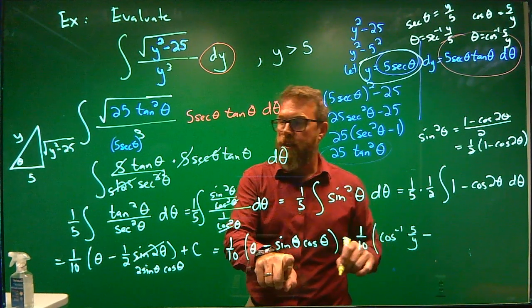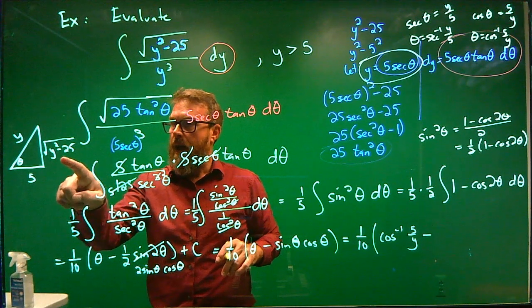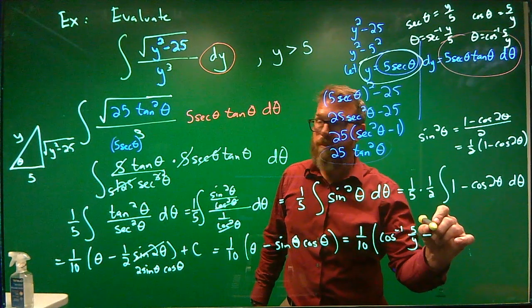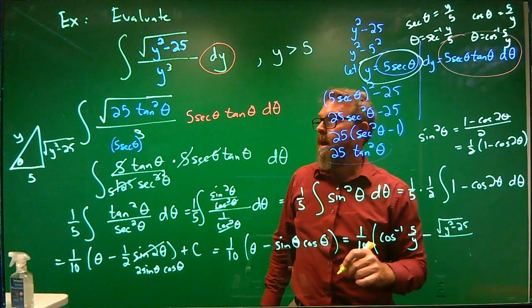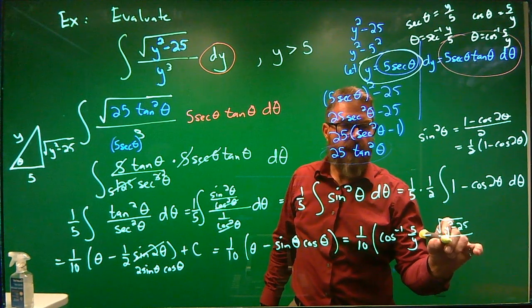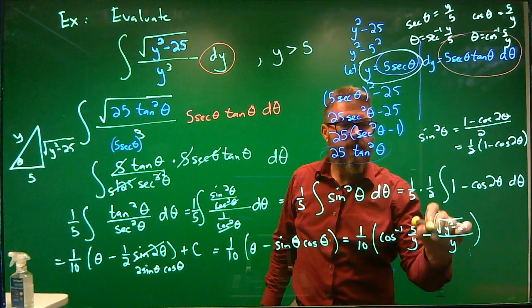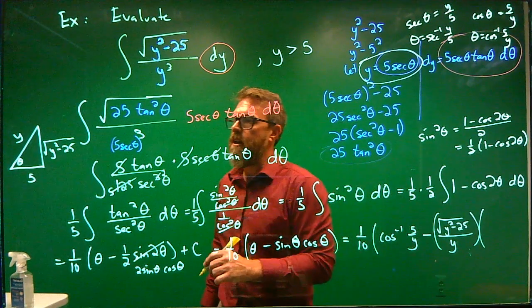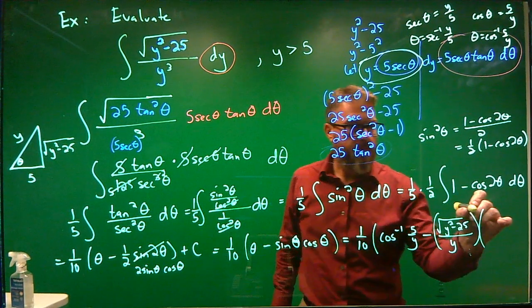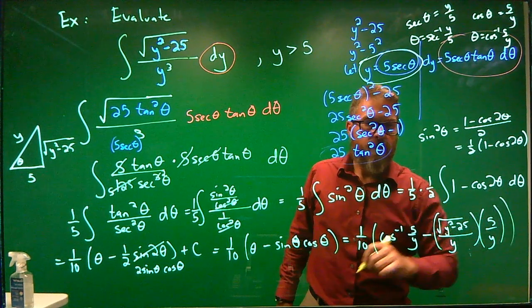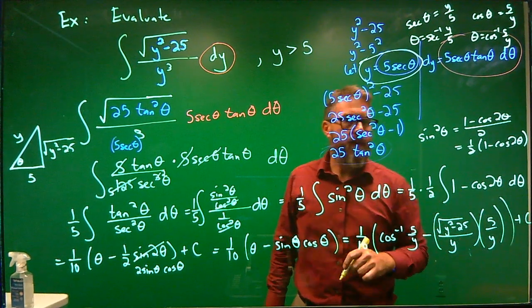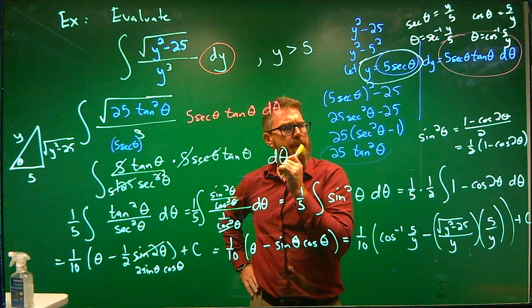Minus the sine of theta is going to be opposite over hypotenuse. So this is going to be equal to the square root of y squared minus 25 over the hypotenuse, which is going to be y, times the cosine of theta, which is going to be 5 over y, plus c. And then we can simplify this the best we can.